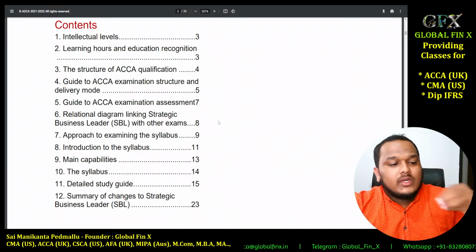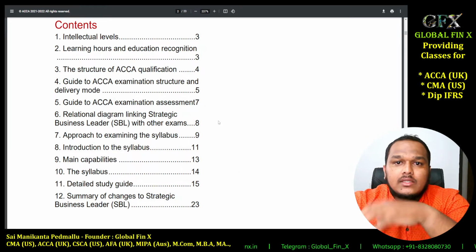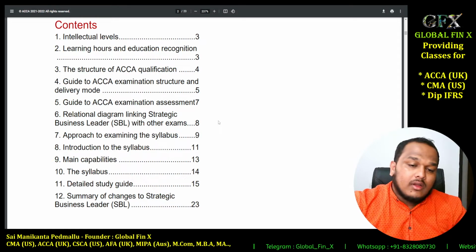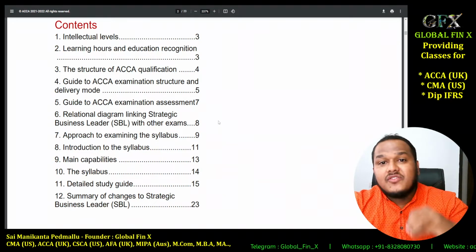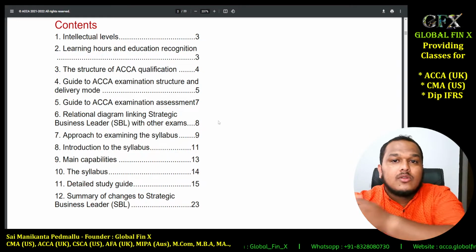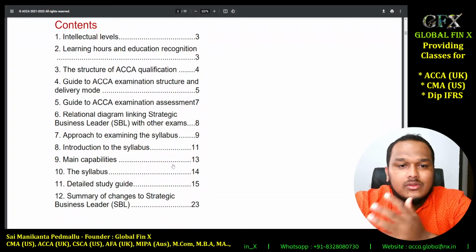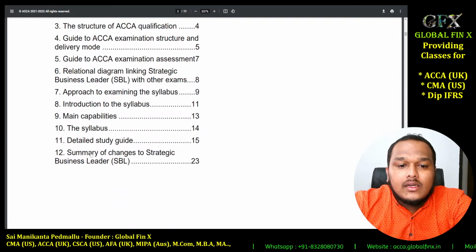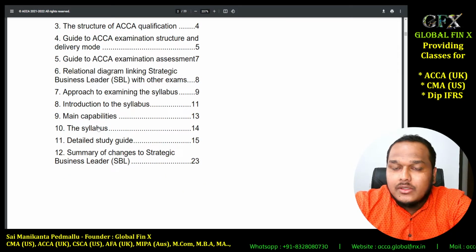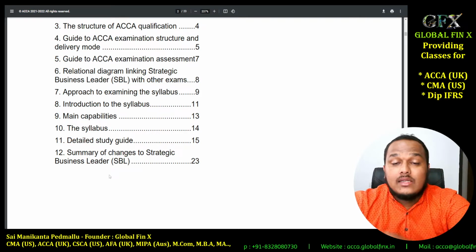F2 management accounting, F5 performance management, advanced performance management in APM. Similarly, FM and AFM, F3 financial accounting, F7 financial reporting, and SBR strategic business reporting. So these papers all interact with each other. How that happens, your introduction to the syllabus, and what the syllabus topics are, everything is covered in this PDF file.